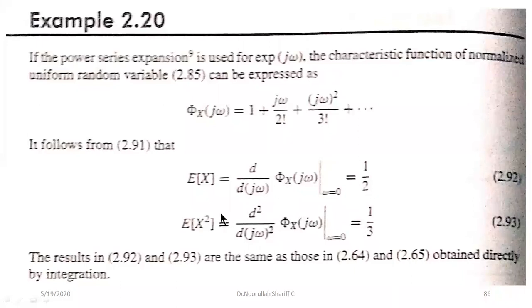Similarly, if you differentiate it two times, you are going to get only the term over here, because this term, if you differentiate it once, will become twice of j omega.